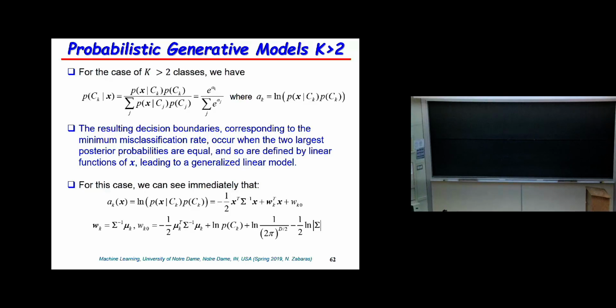So it seems we're going to be in trouble, but if you look very carefully, we're not in trouble. If you take this alpha k and plug it inside e to the alpha k over the summation over j of e to the alpha j, what is happening to this quadratic term and all the other constant terms?